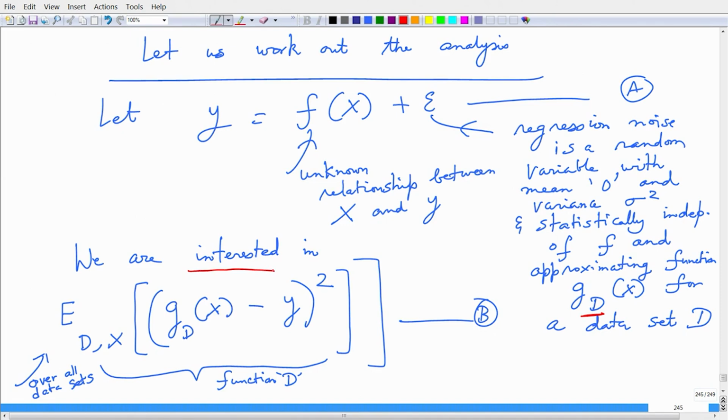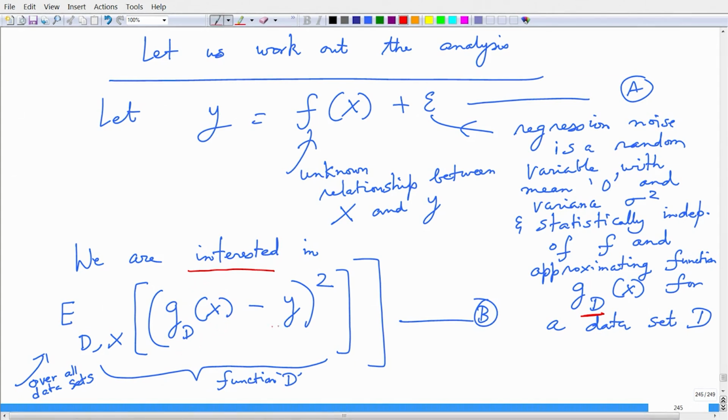We are interested in the expectation of this. So, I fit a curve g of x that is a function of this data set D, and then I look at the deviation of this function g suffix D of x minus y.